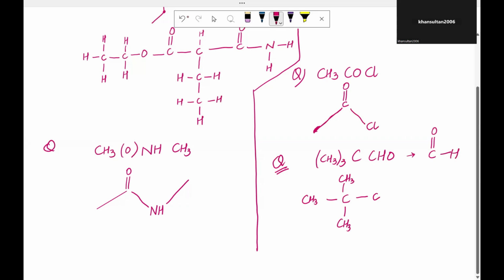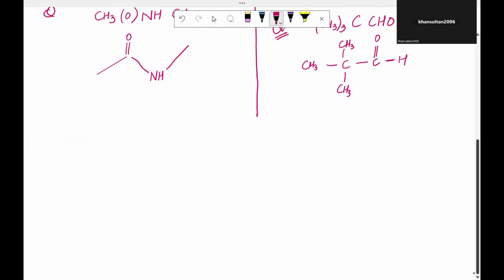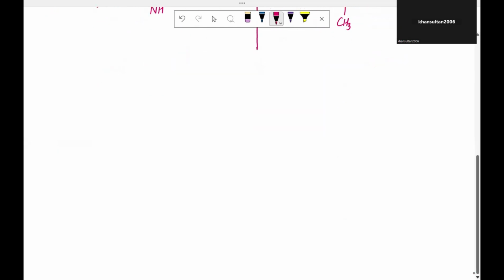That would be linked with a double bond to O and H. So this is basically the formula. Now there is another question.